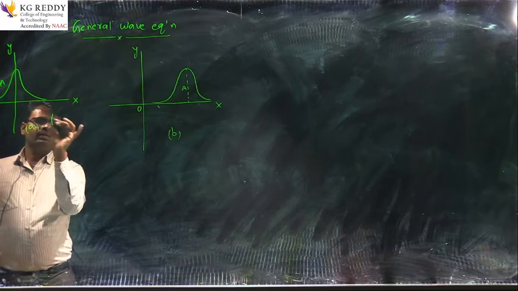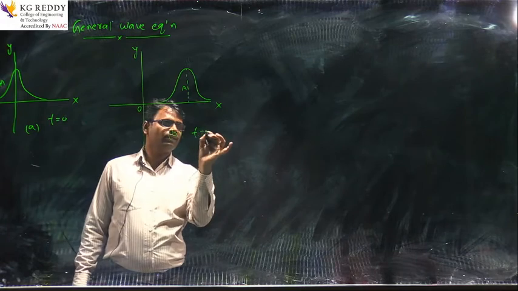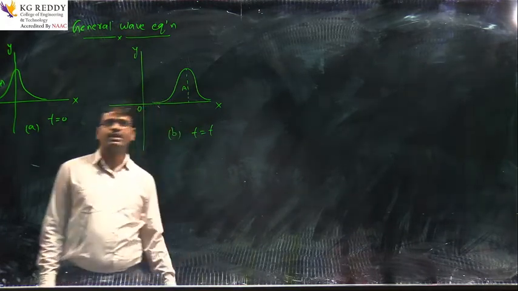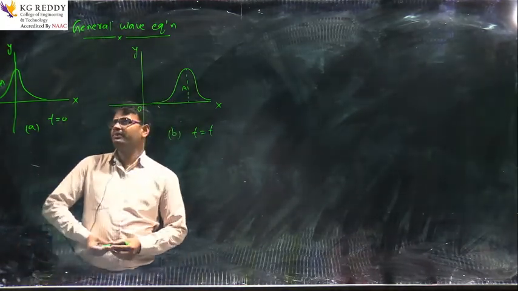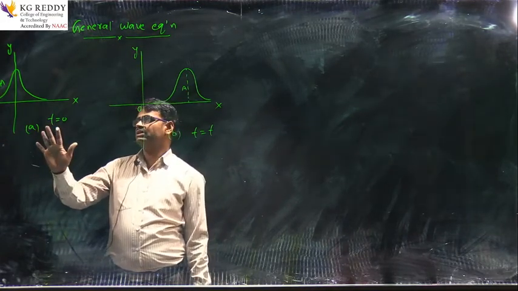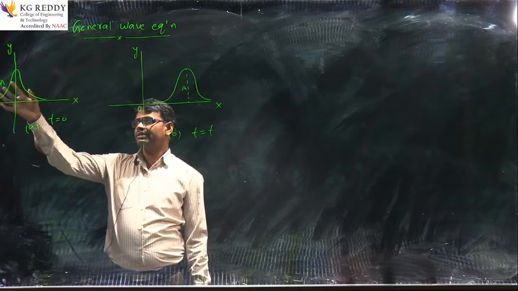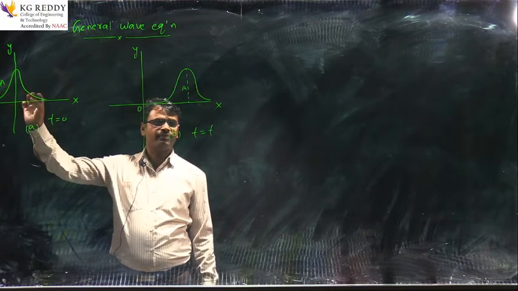Figure number A is at t equal to 0, and figure B is at t equal to t. If you observe carefully in figure A at t equal to 0, let us say this is the starting wave.